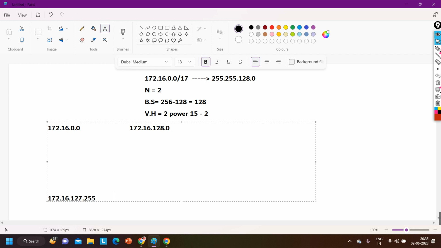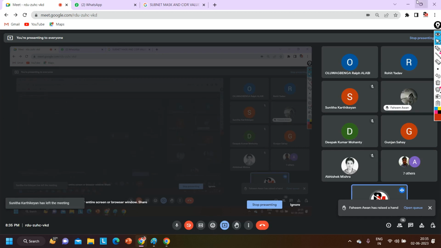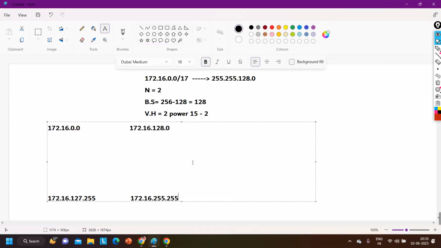And what will be the last IP address of the second network? 172.16.255.255. This is the last IP address of the network.